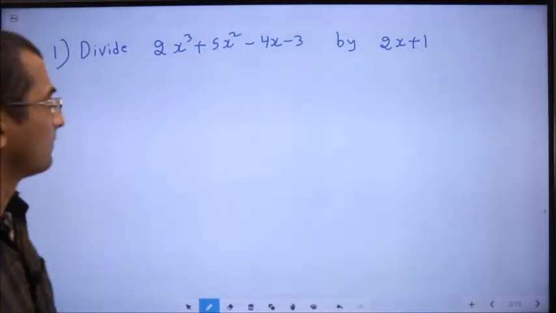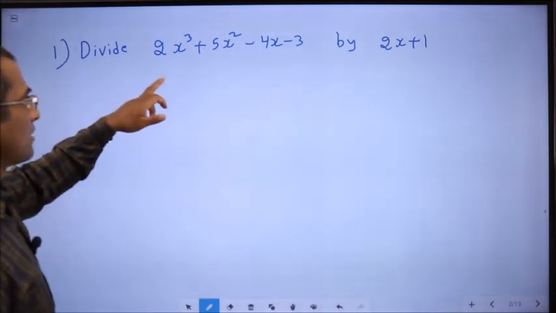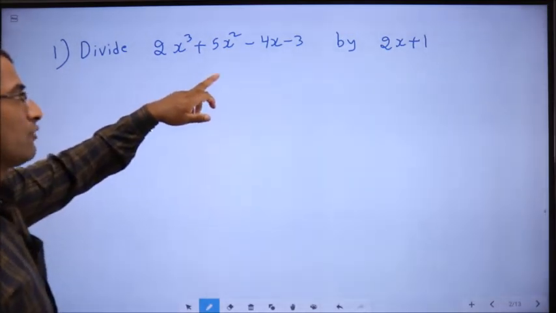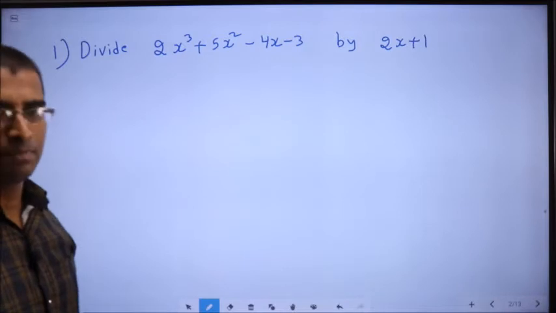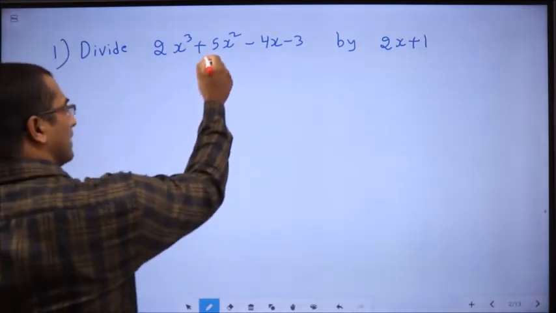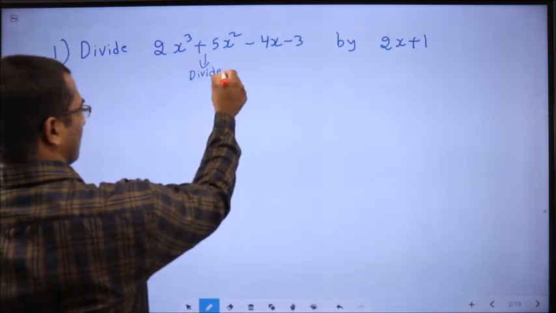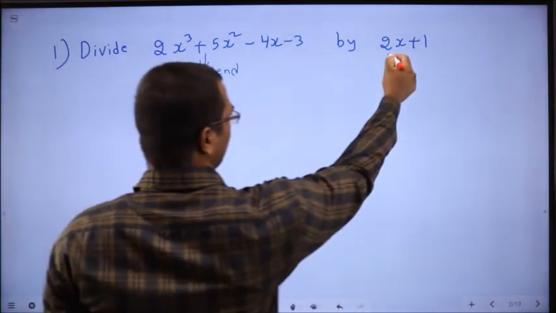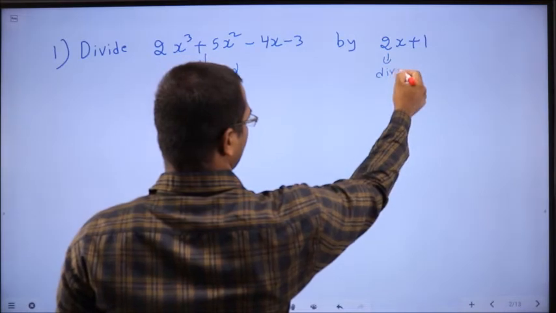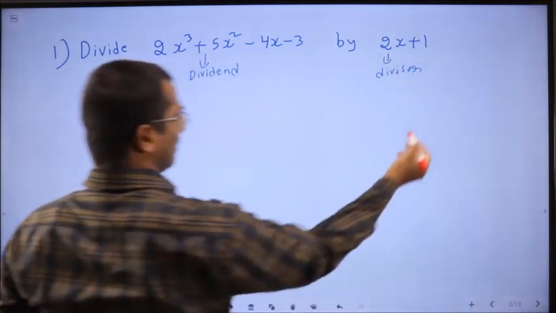Question 1. Divide 2x cube plus 5x square minus 4x minus 3 by 2x plus 1. This thing we call the dividend, and this thing we call the divisor.